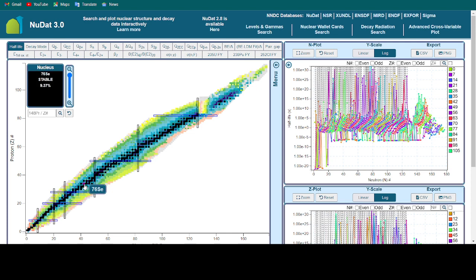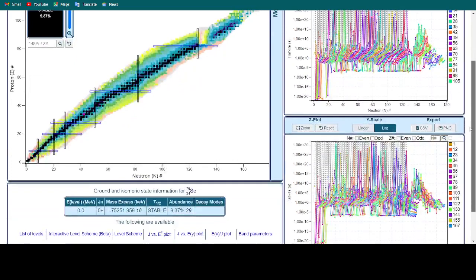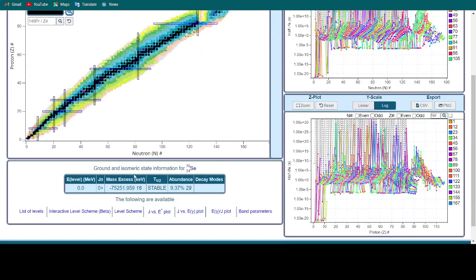If you click over here, you will get the information about it. This is a stable nucleus, 9.37% abundance. And this is the isomeric state information, and you can get a whole lot of information about this nucleus and atom. All of them are given here, and you can even see the ground state here also. This is given as J pi 0 plus. Okay.